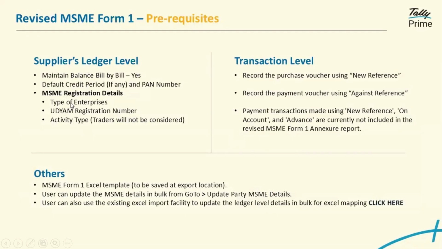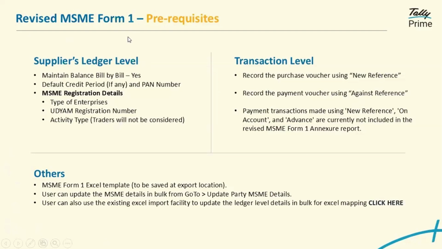It should have the type of enterprise of the supplier, like small or medium. Then at the time of recording the transaction, you compulsorily have to record based on against reference or new reference. If it is an on account payment, or if the reference is on account, then Tally will not be able to generate the MSME form.